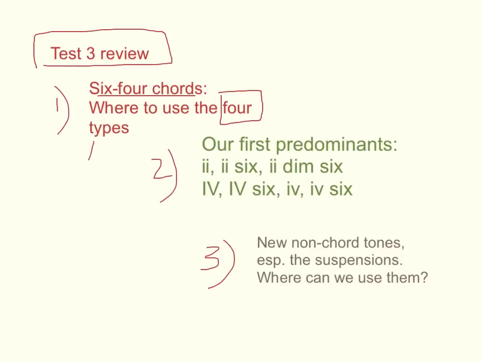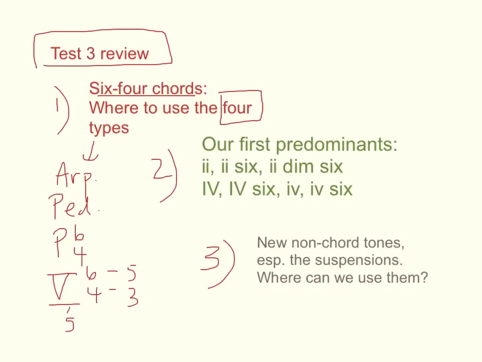The 4 types are the arpeggiated, the pedal, the passing, and the cadential, which is the only one that gets a Roman numeral label because it always has scale degree 5 in the bass. The other ones can have different scale degrees in the bass. This is the least common of the ones. I'm going to spend some time talking about the other 3 in the slides that have to come up.